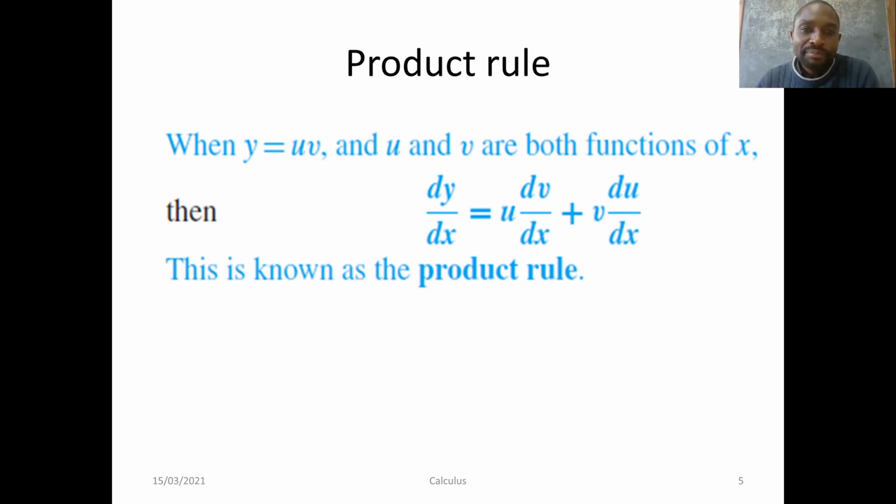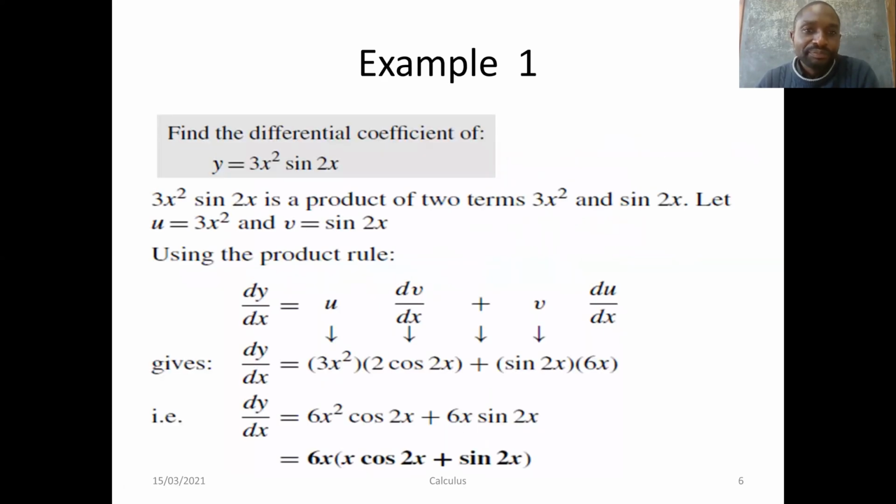The moment the 2 are being multiplied, you can use the product rule of differentiation by simply applying this rule: dy over dx equals u, which is the first function, times the derivative of the second, plus take the second function the way it is, multiplied by the derivative of the first. Again, this is known as the product rule.